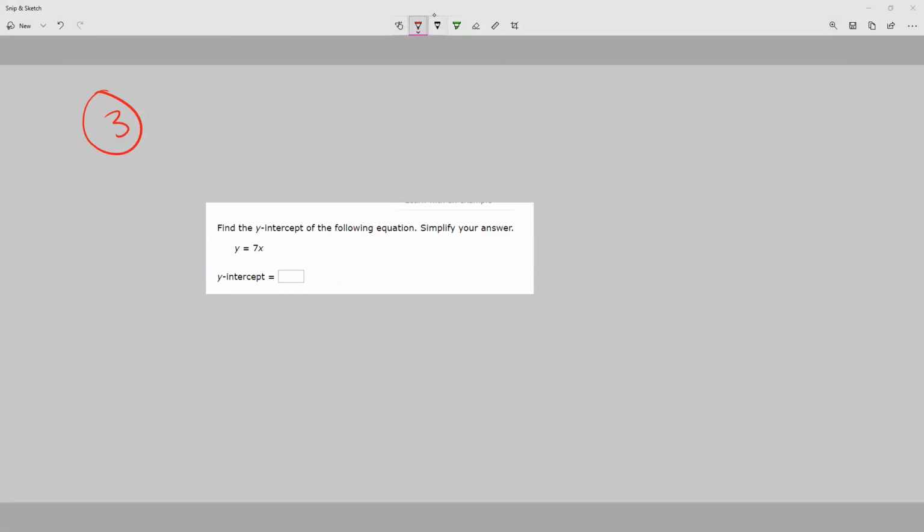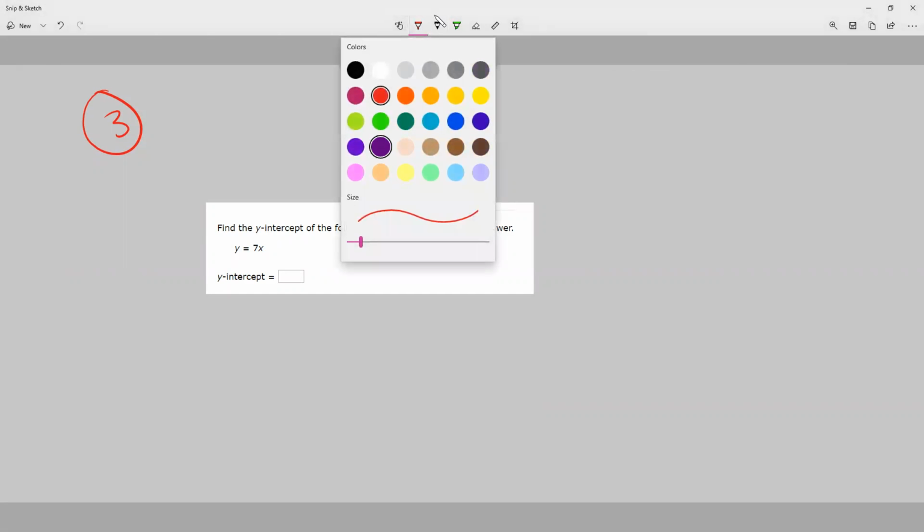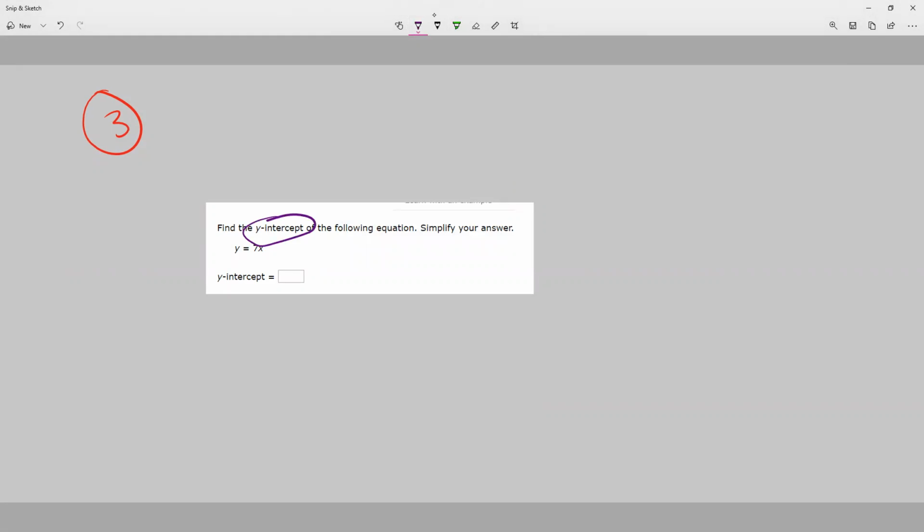This one says to find the y-intercept. And I chose it specifically because, here, I'll rewrite that so I don't cover it. So if I'm trying to find the y-intercept of y equals 7x, hopefully you can say to yourself, what's happening here on the end? How come there is no number that's by itself?